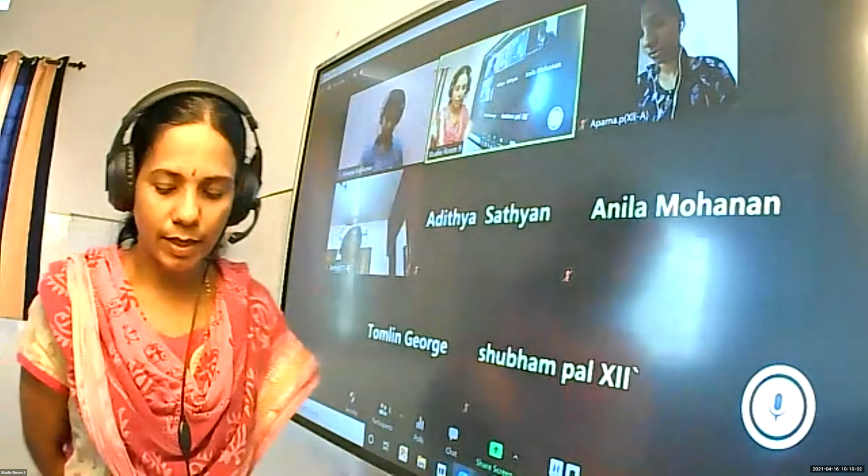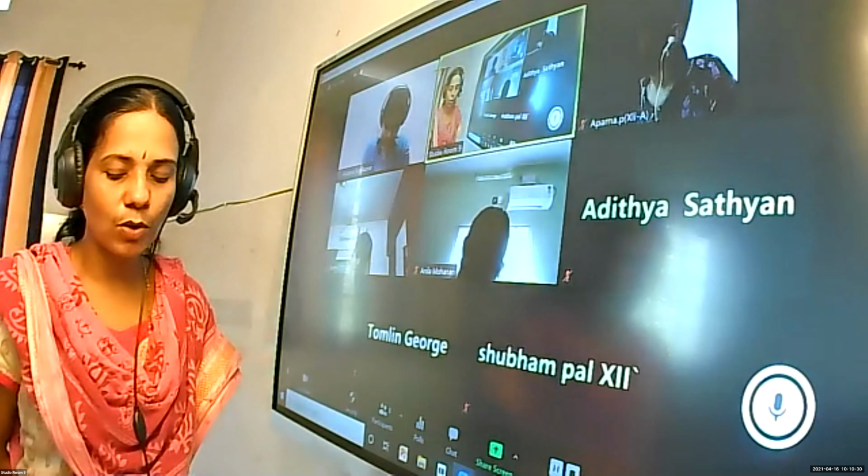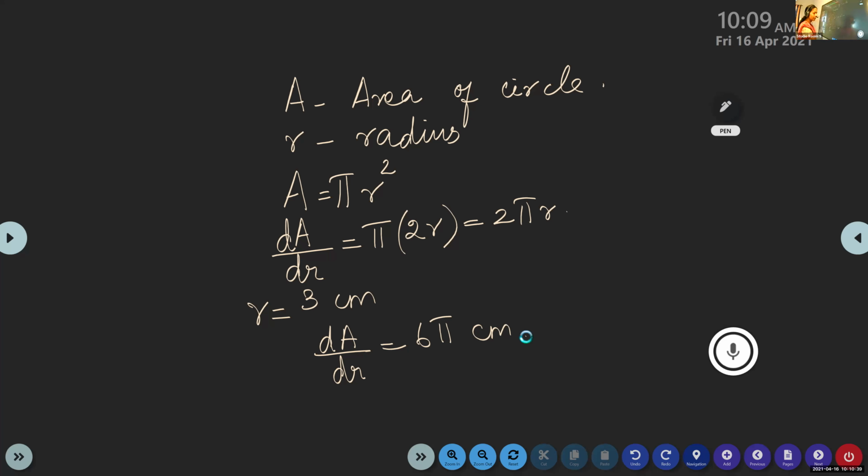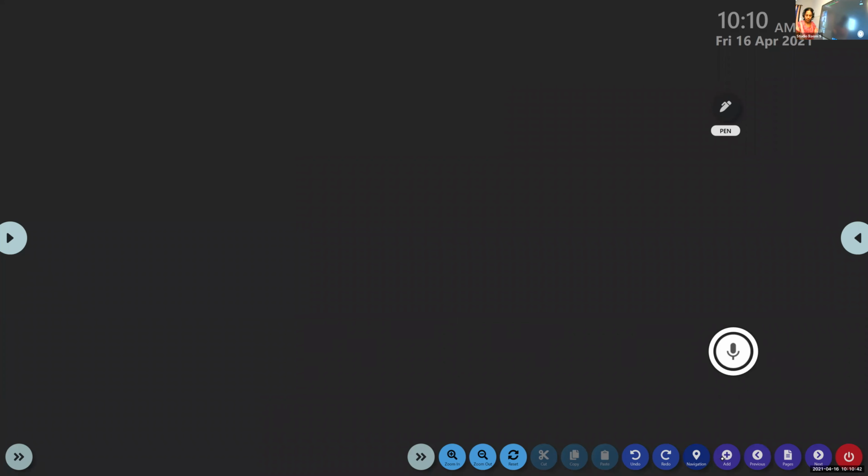Find the rate of change of volume of a sphere with respect to its surface area, when the radius is 7 centimeter.